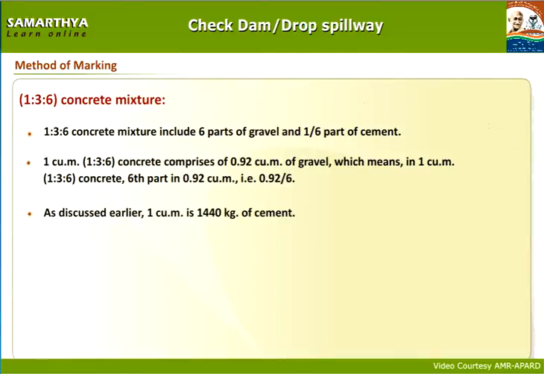As discussed earlier, 1 cubic meter is 1440 kg of cement. 0.92 divided by 6 cubic meter cement equals 0.92 divided by 6 into 1440, which equals 220.8 kgs.